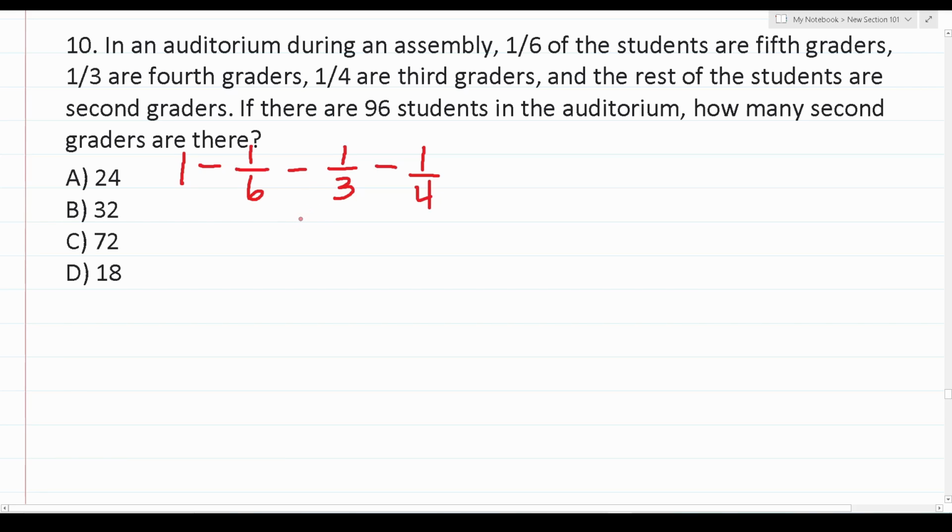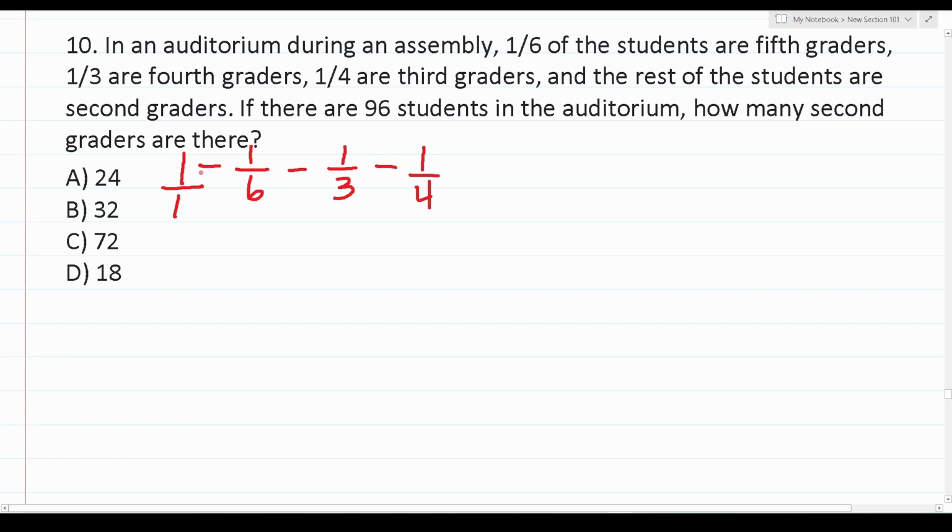First things first, we have to understand that in order to subtract fractions, our denominators have to be the same. In this case, we have a denominator of 6, 3, and 4. And this is a whole number of 1, so it doesn't have a denominator. The very first thing I'm going to do is rewrite this 1 as a fraction by placing it over 1.